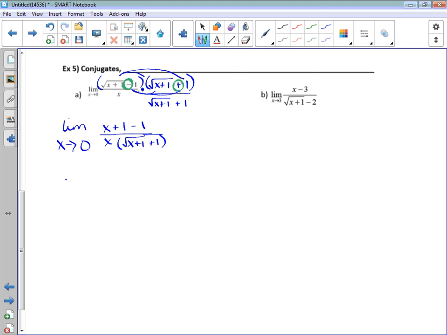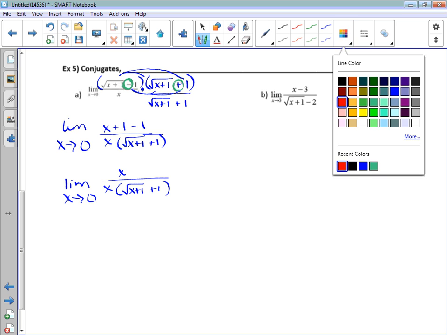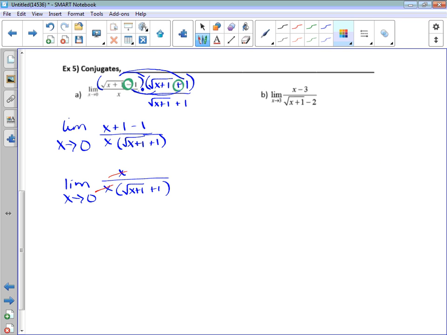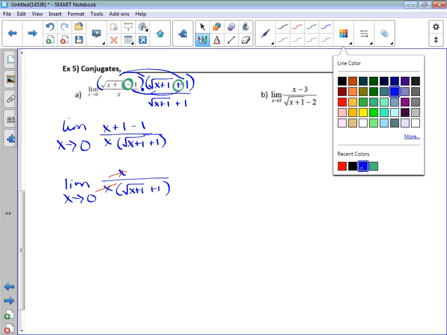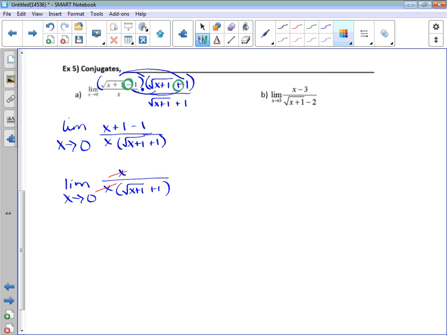Alright, so limit as x approaches 0. What is left in your numerator? What is x plus 1 minus 1? Just x, right? Okay. So we have x over x times square root of x plus 1 plus 1. You're going to see how those x's can go away? That's going to happen every time. Okay. So we have a 1 left in the numerator.